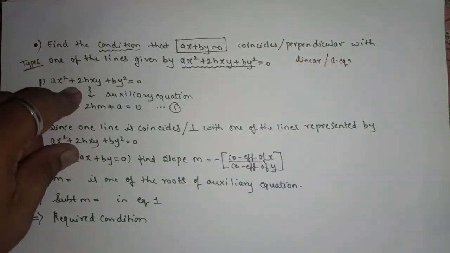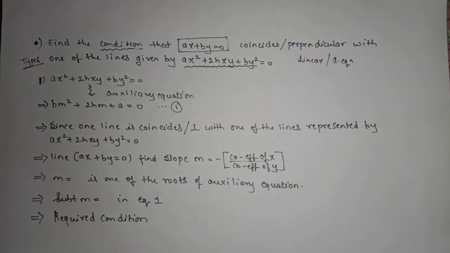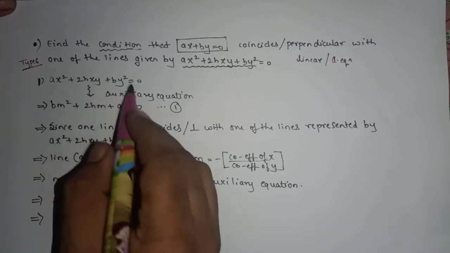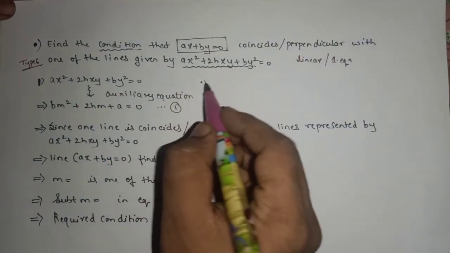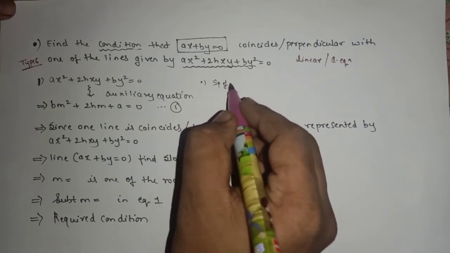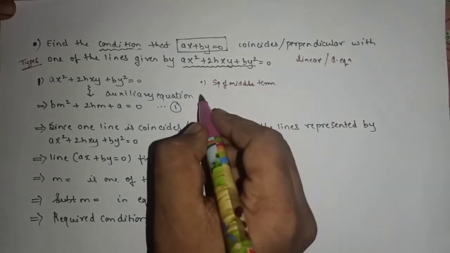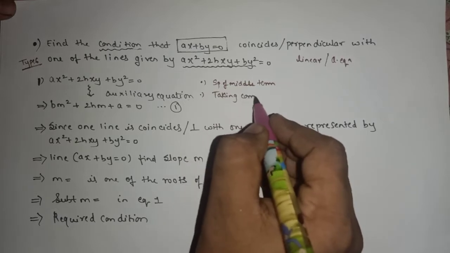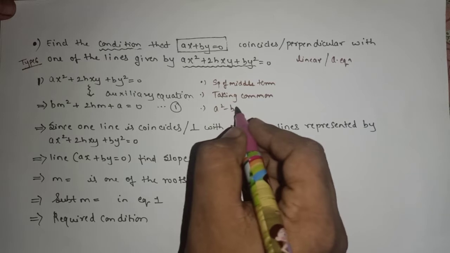That means you have to convert that equation into auxiliary equation. As we all know, when we convert a particular equation into auxiliary equation: point number one, when splitting of middle term fails, taking common fails, and using the formula a square minus b square fails.